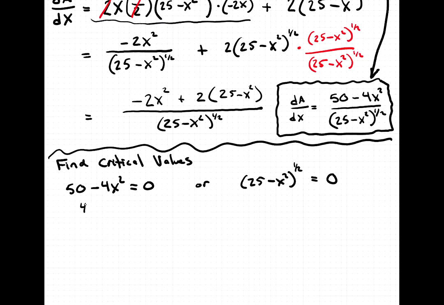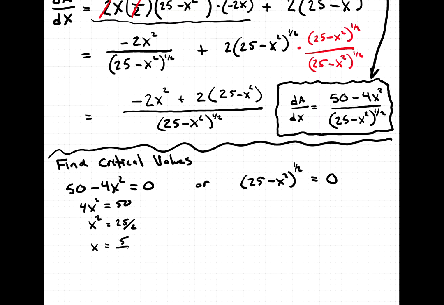All right, so we're solving 4x squared equals 50, or x squared equals 25 over 2, or x is equal to, well, normally there'd be a plus or minus, but since we're talking about length, I'm just going to look at the positive value because length has to be positive.